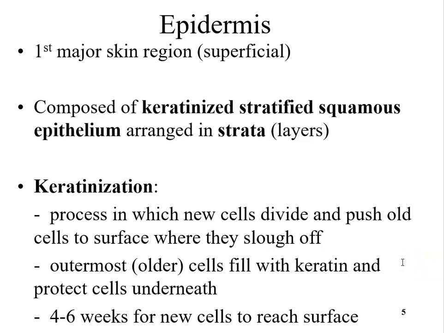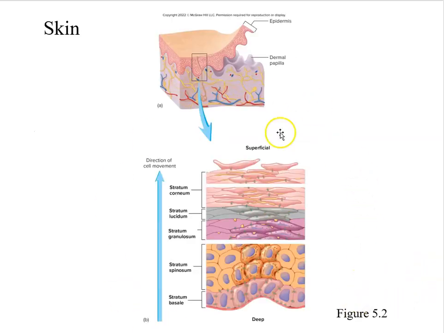Looking really quickly here, this is an image we looked at last time, but you can see these distinct layers where we have the dermis would be under here, basement membrane would be this pink line here, and then our bottommost or deepest layer is this stratum basale, where we have these living cells that are very metabolically active and very mitotically active, always dividing.